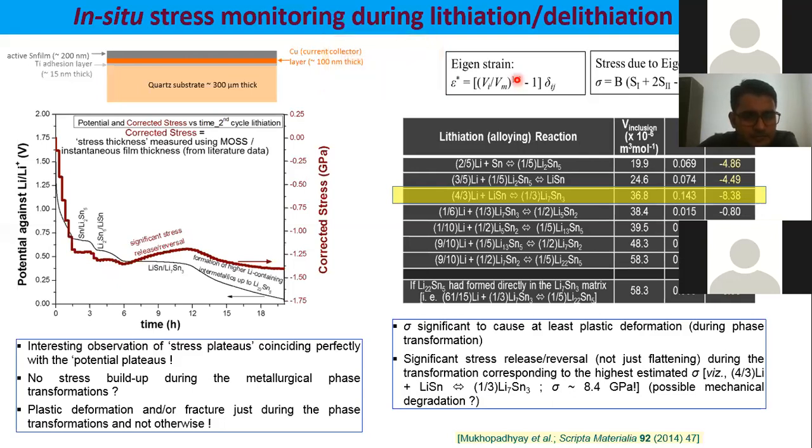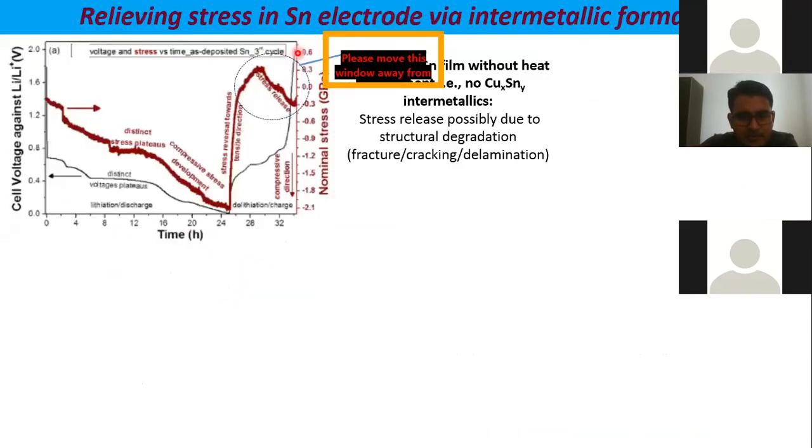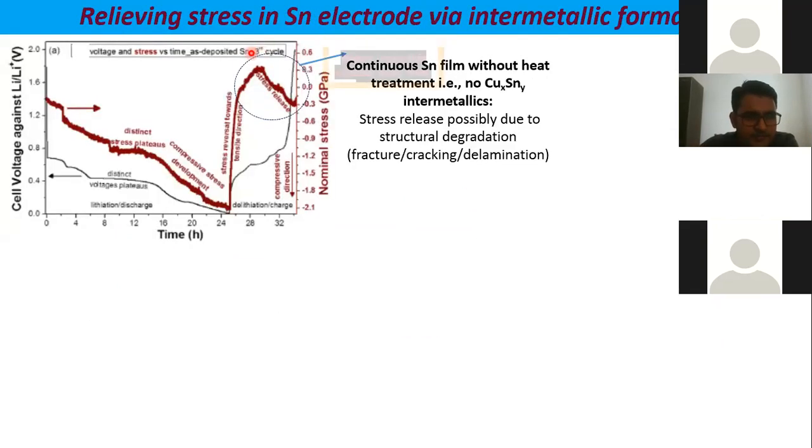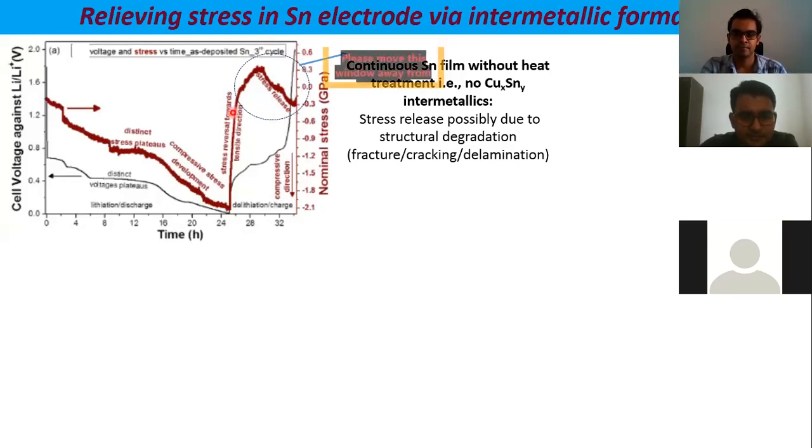Due to this, the material gets plastically deformed. Due to this plastic deformation of the entire tin and tin intermetallic system, the stress gets relieved. Secondly, the stress gets relieved due to the fracturing of the film. During lithiation, your material is not getting fractured. It is just plastically deformed. But in the delithiation or charging case, the stress is released due to the fracture of your film.